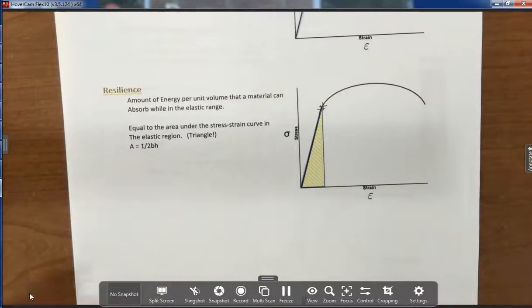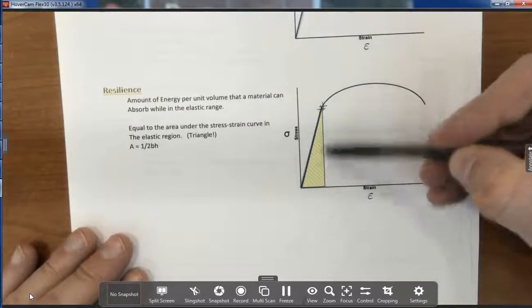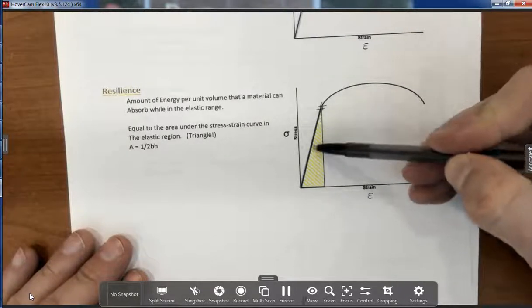So that would be a numerical way to compare materials as to how much energy that material can absorb and handle. So something that's very stretchy, like a rubber, is going to have a lot more resilience. It's going to have the ability to handle a lot bigger impact, more energy per volume than something else.